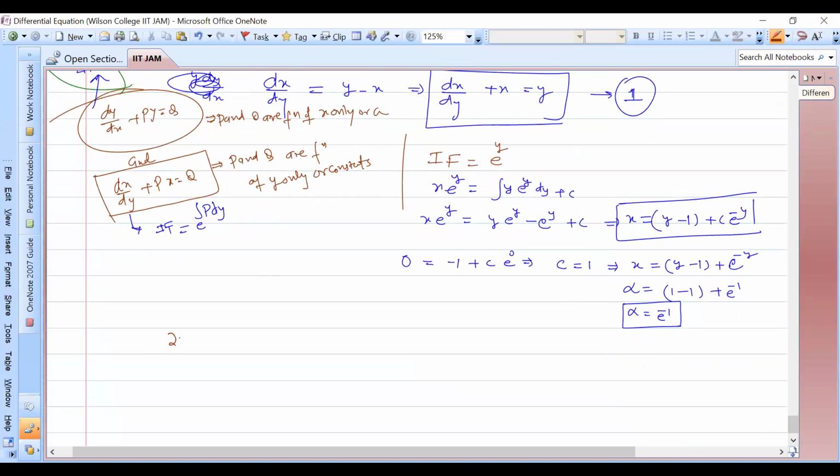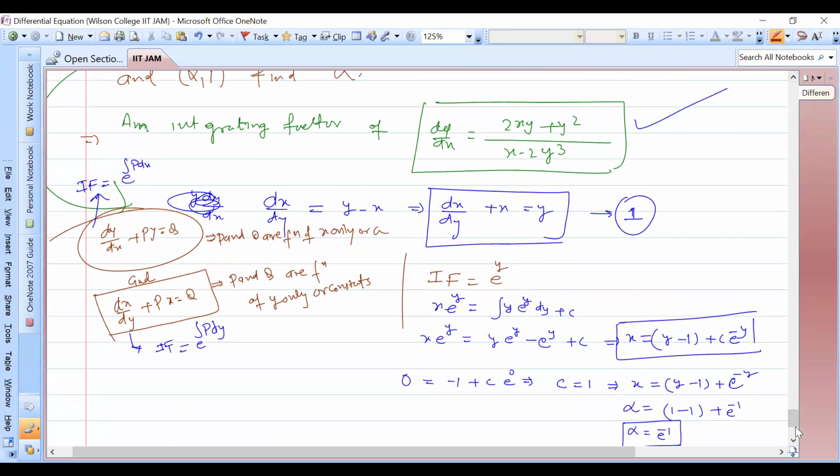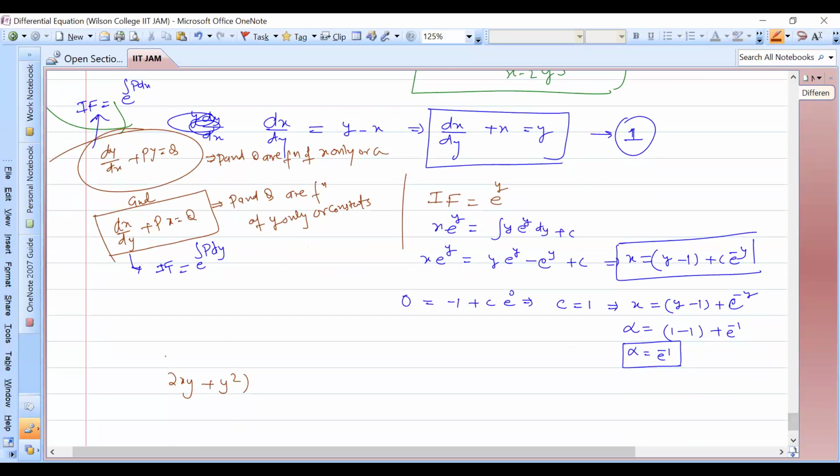Sir, by cross multiplying it, dx into something minus dy into something, then let x to the power h, y to the power k, then compute. Yes, okay. Everyone have it?